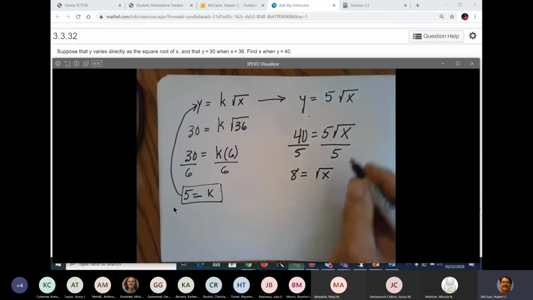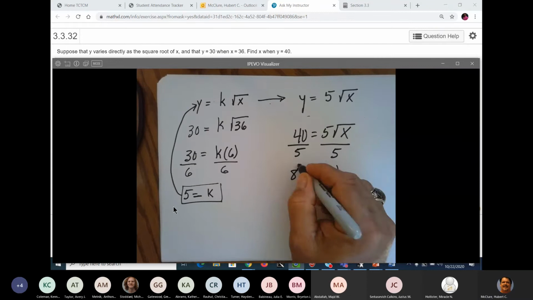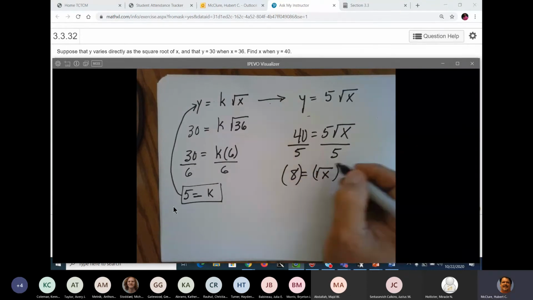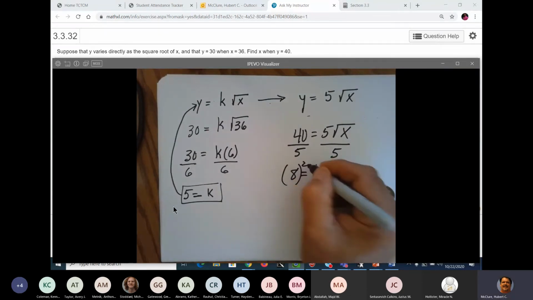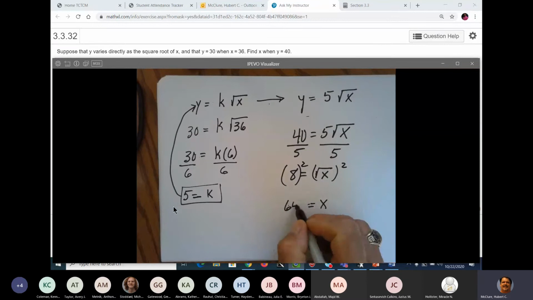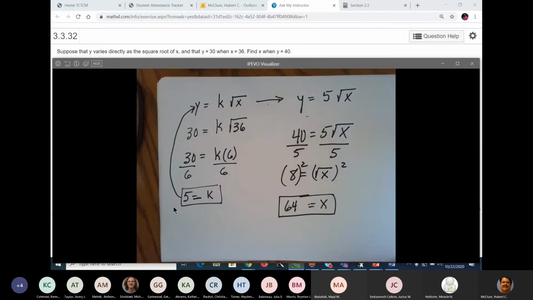Square both sides. x is equal to 64. That should be your answer, 64.